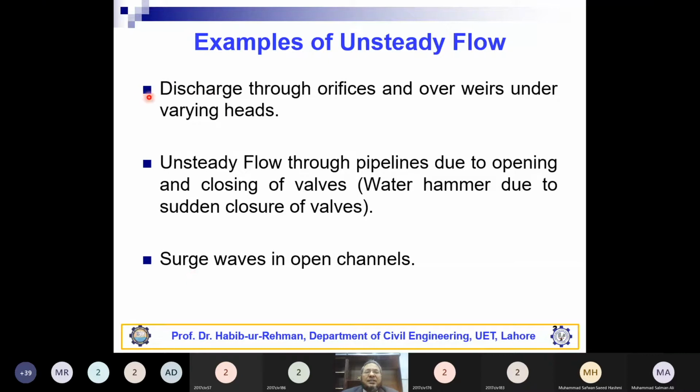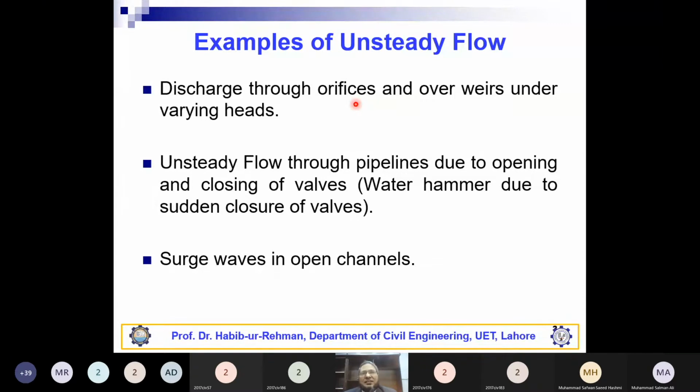What is number 1? Discharge through orifices and over weirs under varying head. If the head is changing, then which type of flow would it be from the orifice? I think you know very well what orifices are.